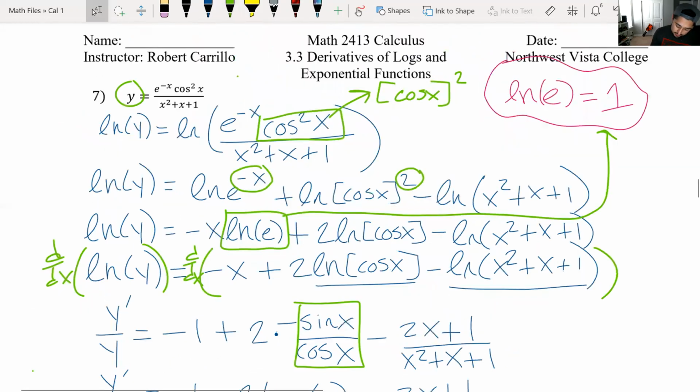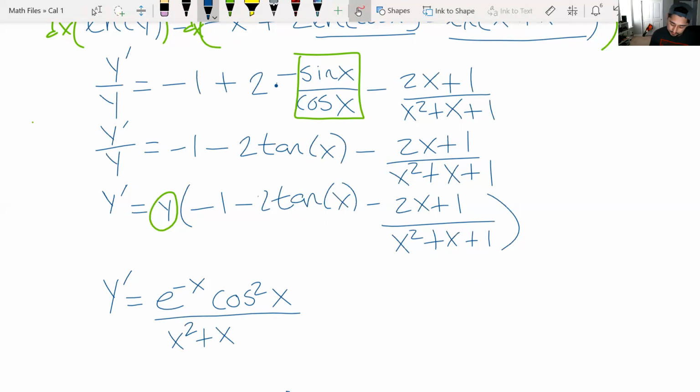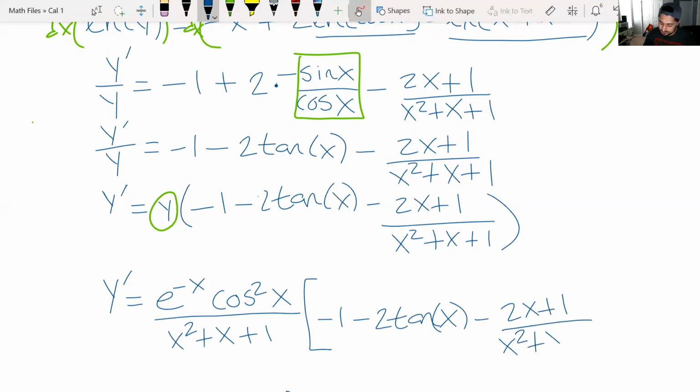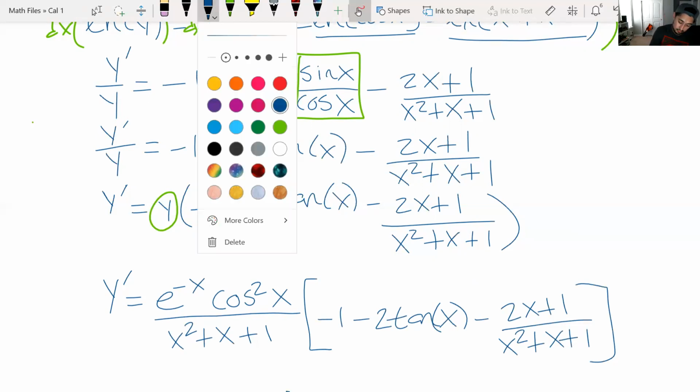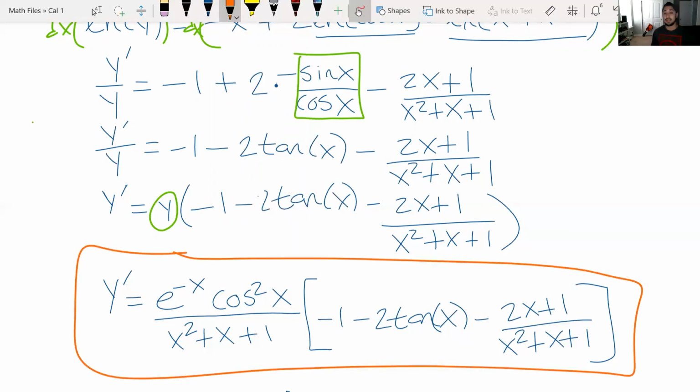Okay, coming down for our final answer of y prime equals e to the -x cosine squared x over x squared plus x plus 1 times all of this. -1 minus 2 tangent x minus 2x plus 1 over x squared plus x plus 1, and done.